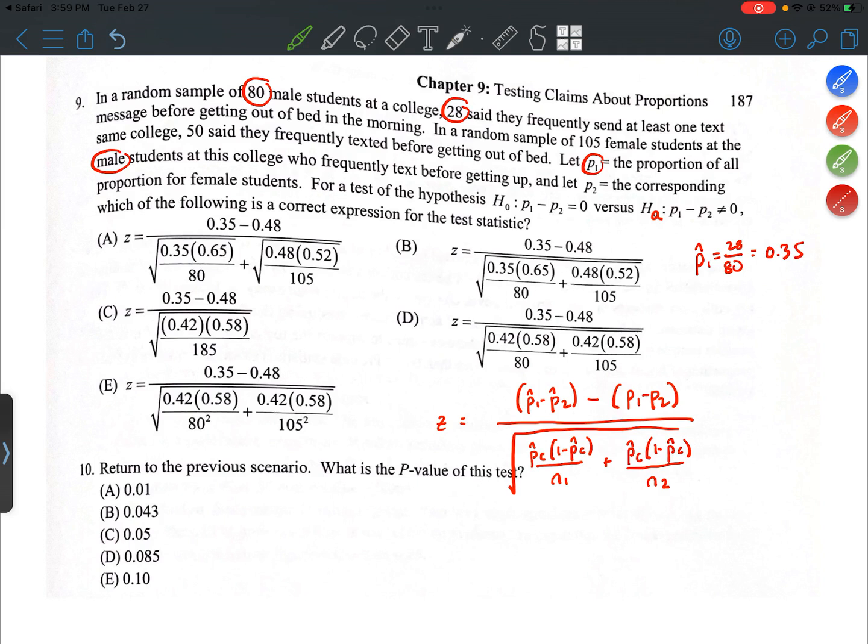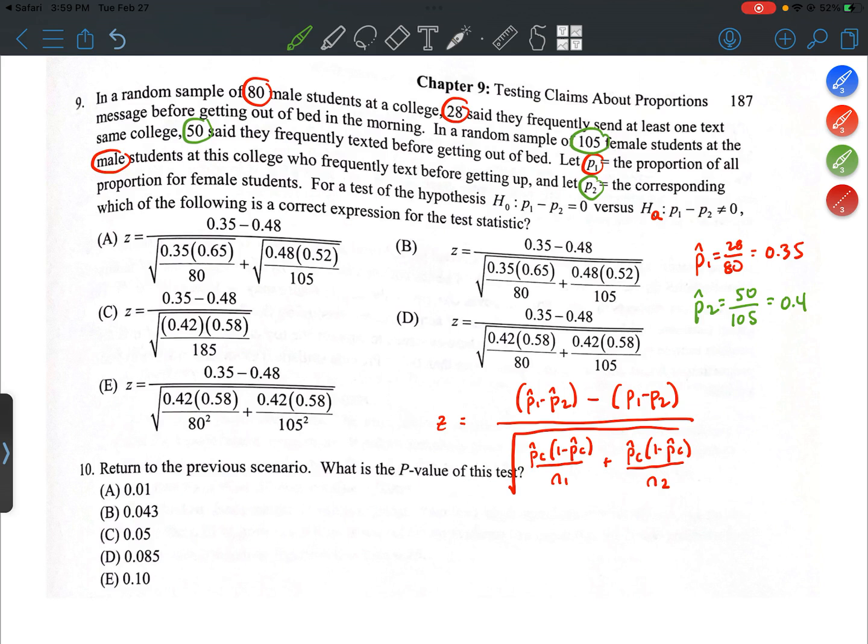P hat 2 is the females. We've got 105 and 50, so P hat 2 is 50 out of 105, 0.49 something.